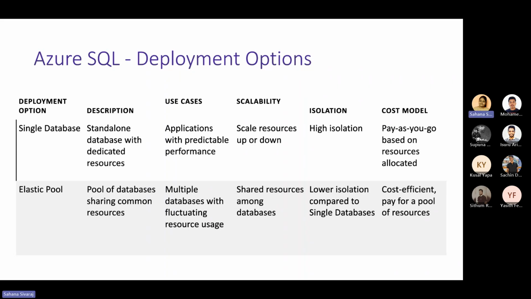For scalability, as it's a single standalone database, we can scale up or down the way we need. As for the cost model, here we can use pay as you go based on the resources allocated for the single database.